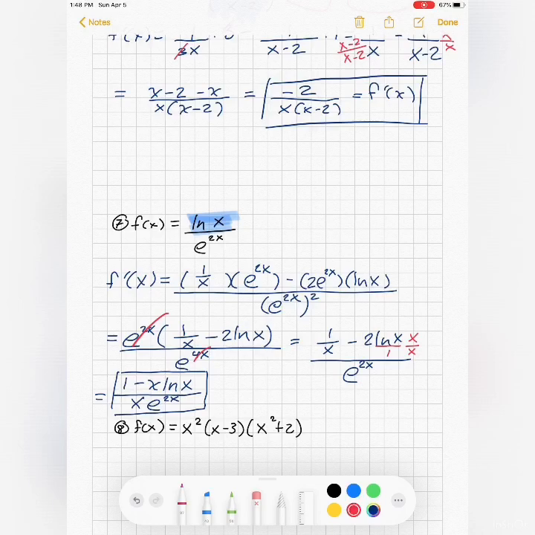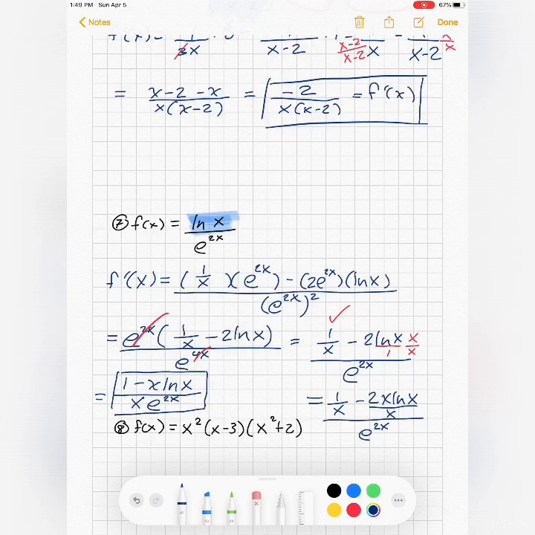Wait a minute, I think I missed one thing. Let me double check here. Okay, I have my 1 over x. Let me add one more step. Make sure I got everything right. So what did I do here? Let's see, I had 1 over x. I should have minus 2x ln x over x over e to the 2x.